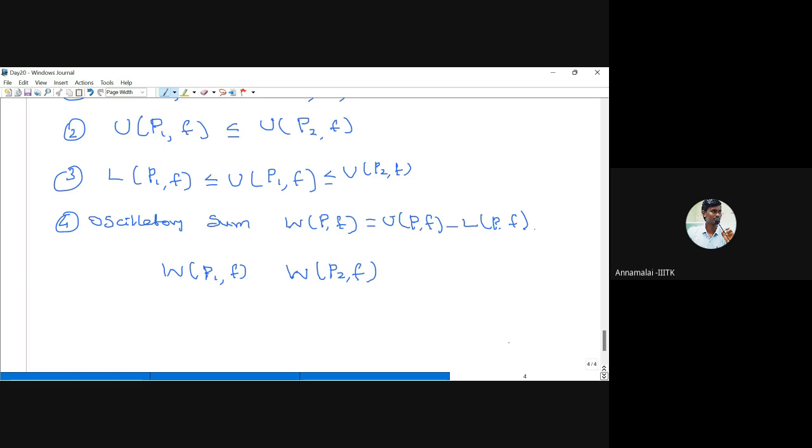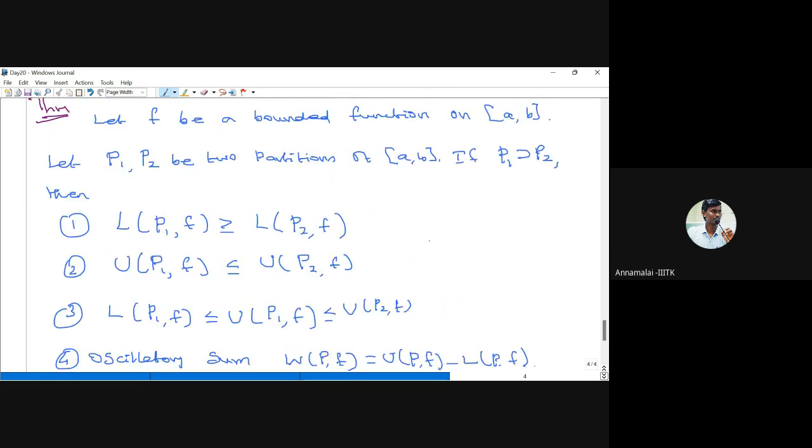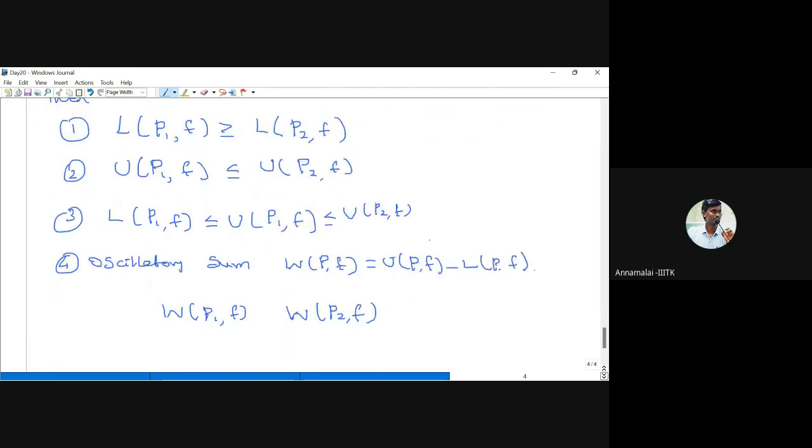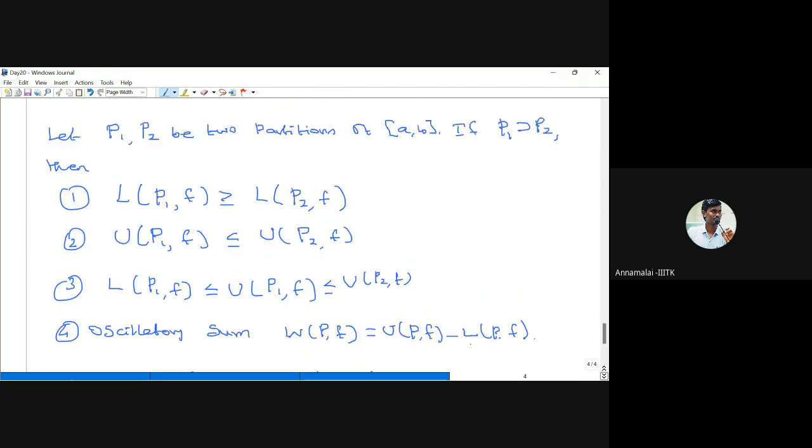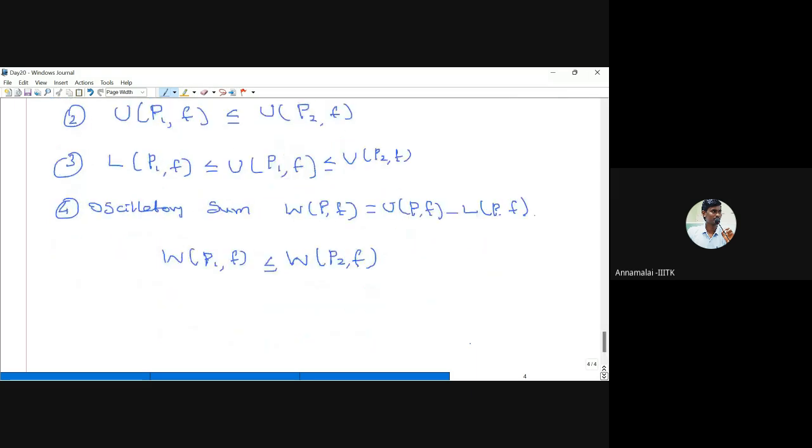Because P1 contains more points and P2 contains fewer points, therefore it is less than or equal, because the subtraction also reduces, right? Therefore, we get this one. P1 contains more points, therefore W of P1 is less than or equal to this one.